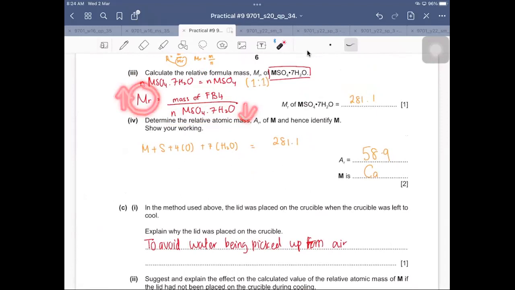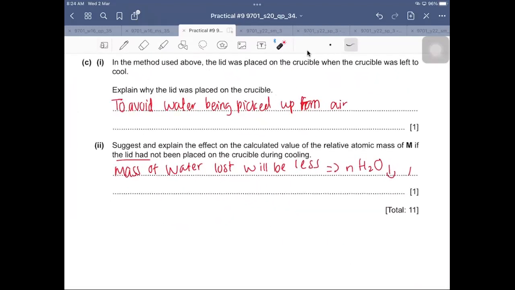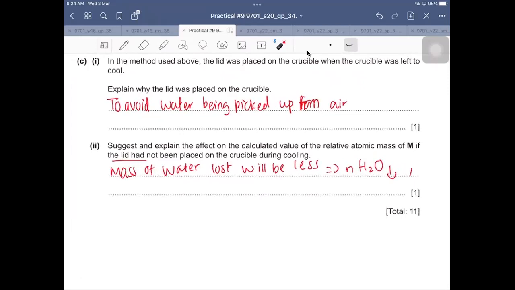Okay, so that's why the effect is, suggest and explain the effect on the calculated value of the MR. That means, since our mass of water loss is decreasing, number of moles of H2O decreases as well, which means the number of moles of MSO4.7H2O decreases.